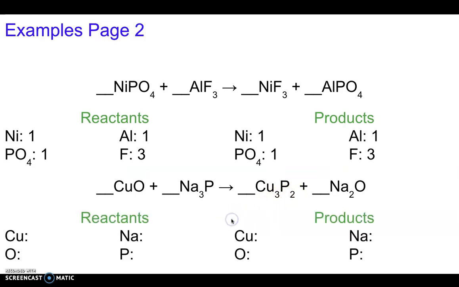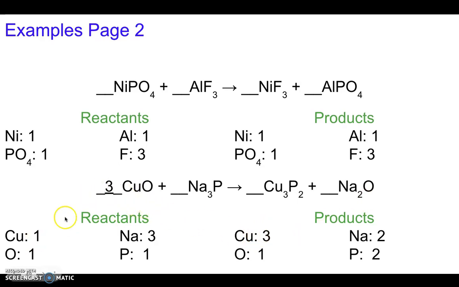So as I look at this one, I count 1 copper, 1 oxygen, 3 sodium, and 1 phosphorus. And then on this side, I count 3 copper, 2 phosphorus, 2 sodium, and 1 oxygen. Okay, let's balance this out. I'm going to start with coppers. I've got 1 on this side and 3 on this side, so I'm going to add a 3 here. That's going to make it so that I have 3 copper and 3 oxygen.